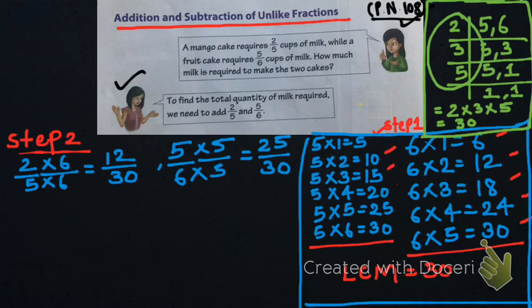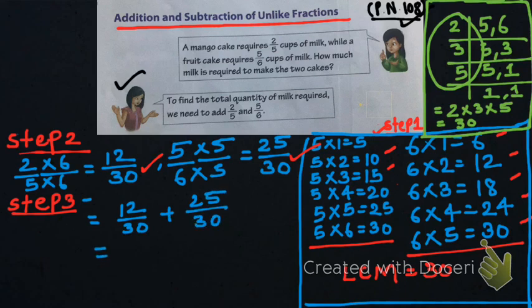Okay, so here you can see that both the denominators are the same. In 12 upon 30 the denominator is 30, and in 25 upon 30 the denominator is 30. So next step is we have to add these two numbers. So 12 upon 30 plus 25 upon 30 will give us 37 upon 30.